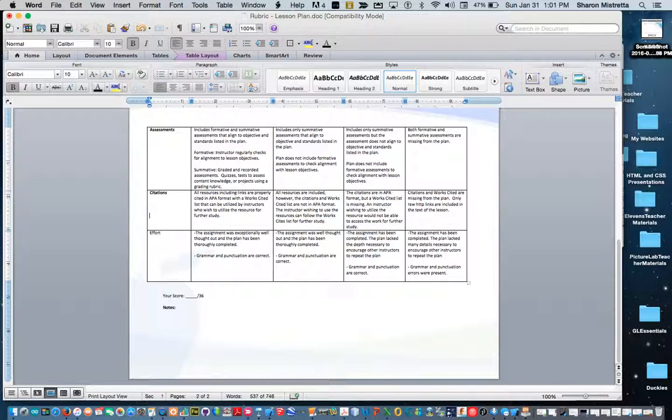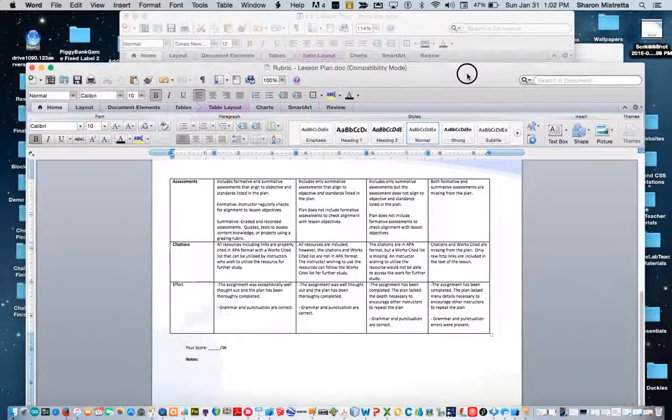For instance, I might put a 4 here and highlight it, and then I provide that for each of the students. So in other words, I copy this over for each student, insert what their grade was, and then go on to the next student. So this is the rubric itself, and I will include a copy of this with the email that I'm sending you.